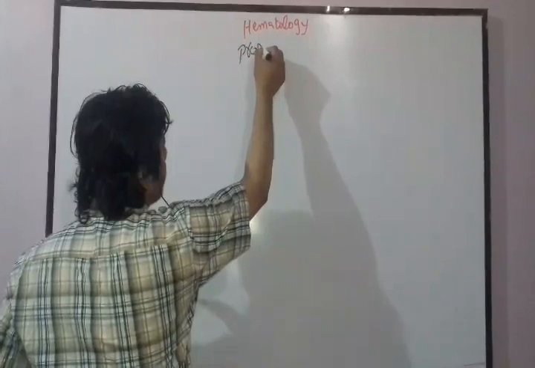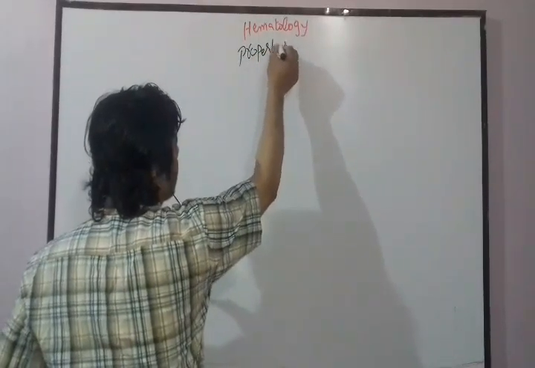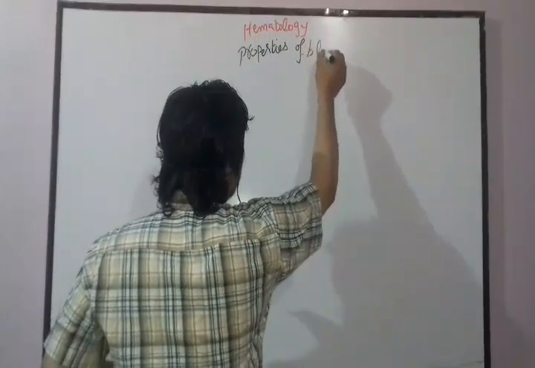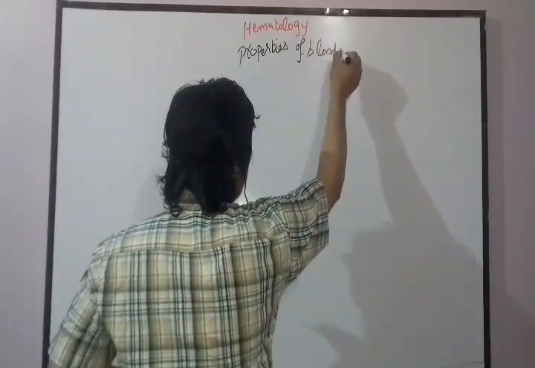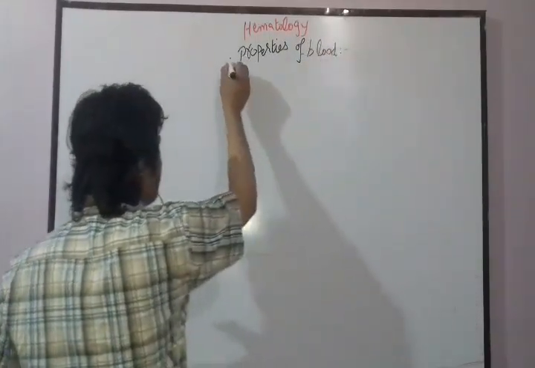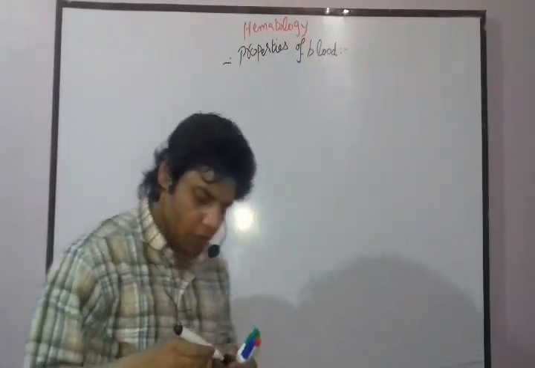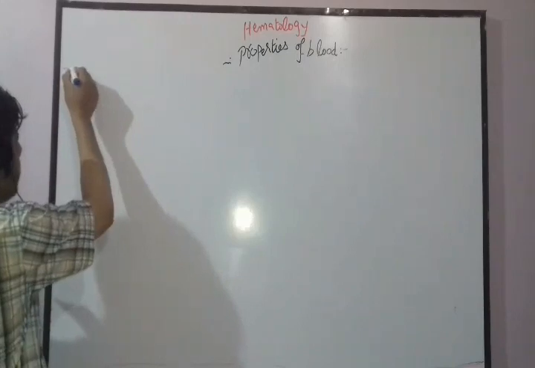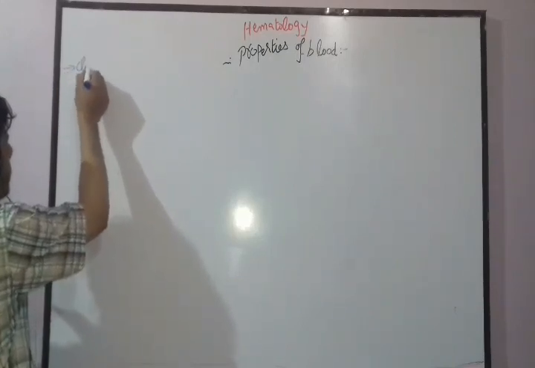Properties of blood. So the first property of the blood is color.